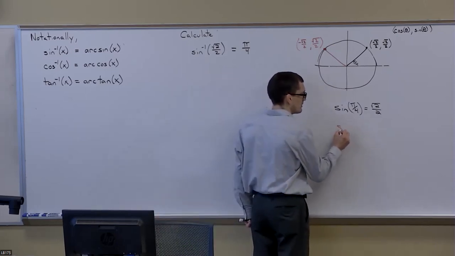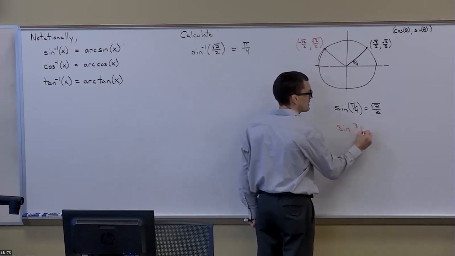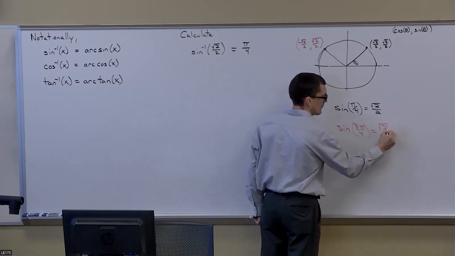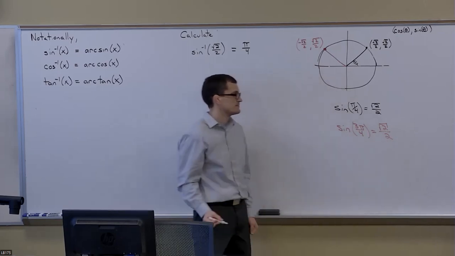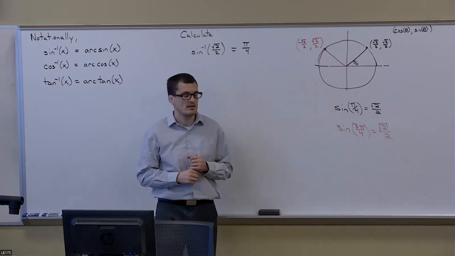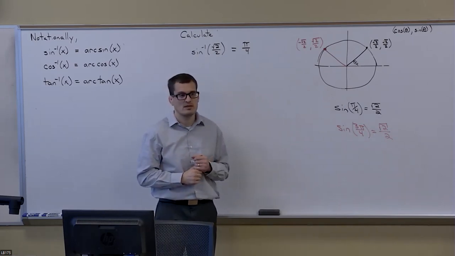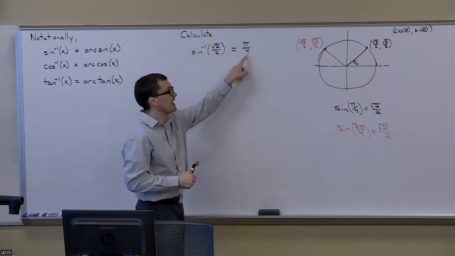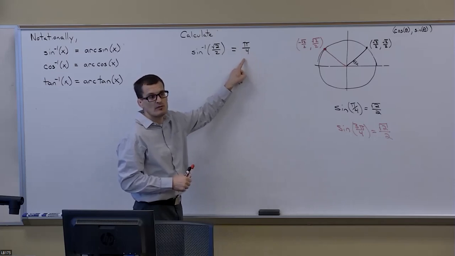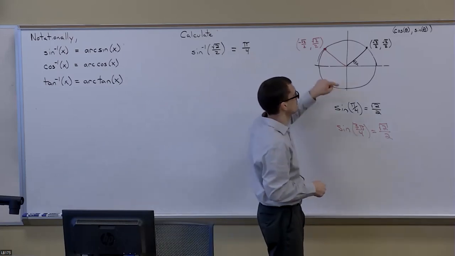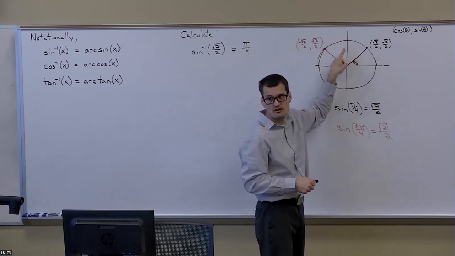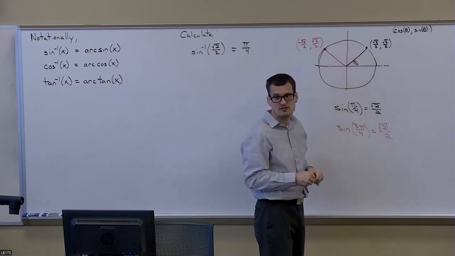We also knew that sine of 3 pi over 4 is also root 2 over 2. Why does this have to be pi over 4? And why can't this be 3 pi over 4? Well, because we all agreed that we're going to restrict the range between negative pi over 2 and positive pi over 2 on my sine inverse.